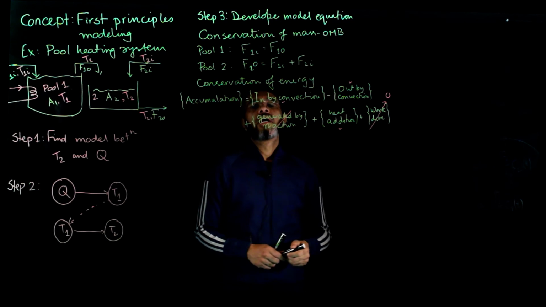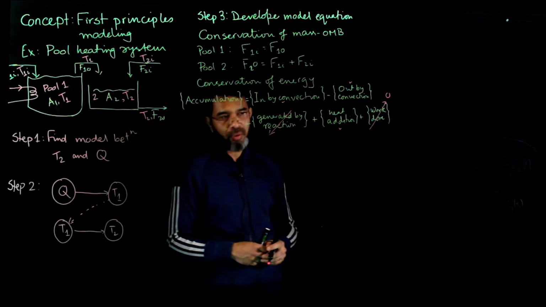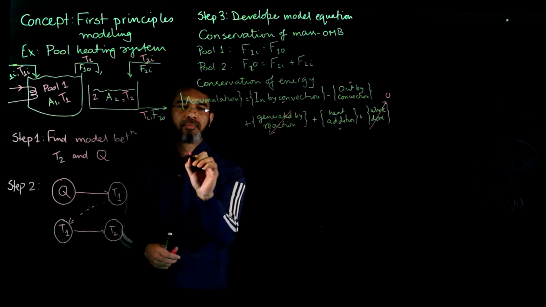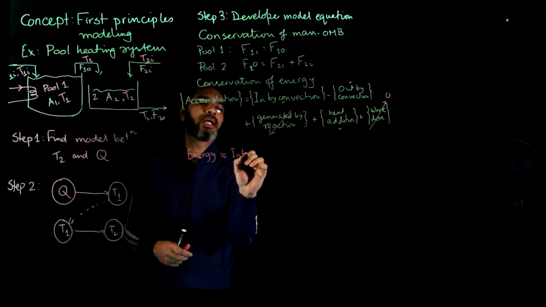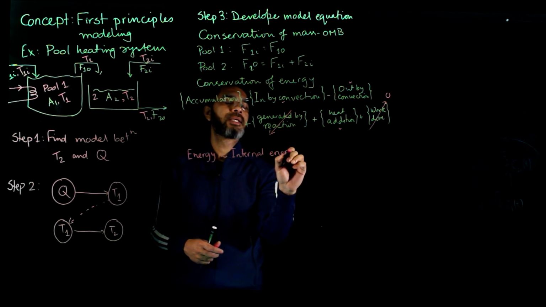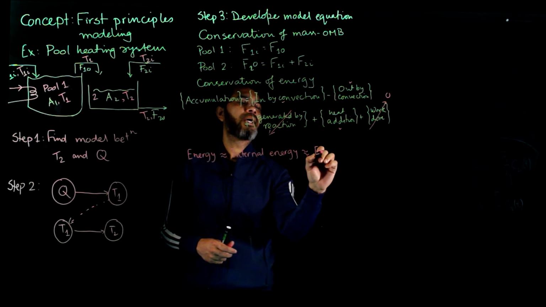Now, if we look at the energy term here, how do we really express energy? We will consider this to be internal energy, and I am not going into the thermodynamic details, which is expressed by enthalpy.